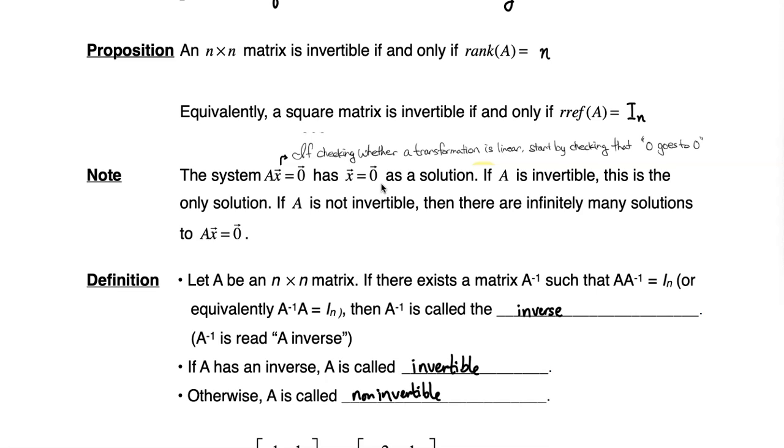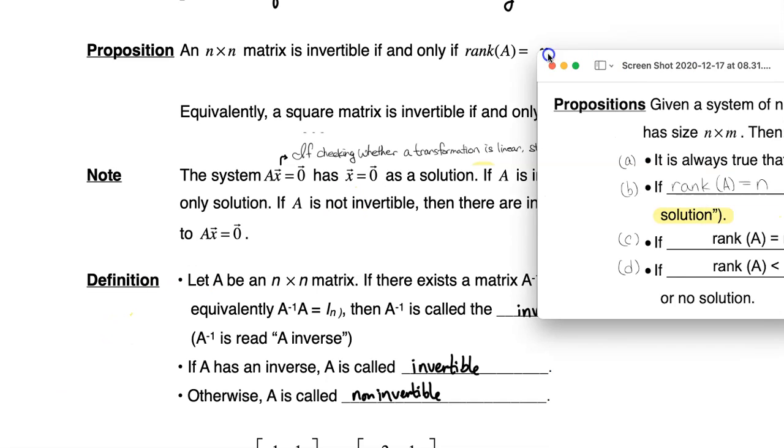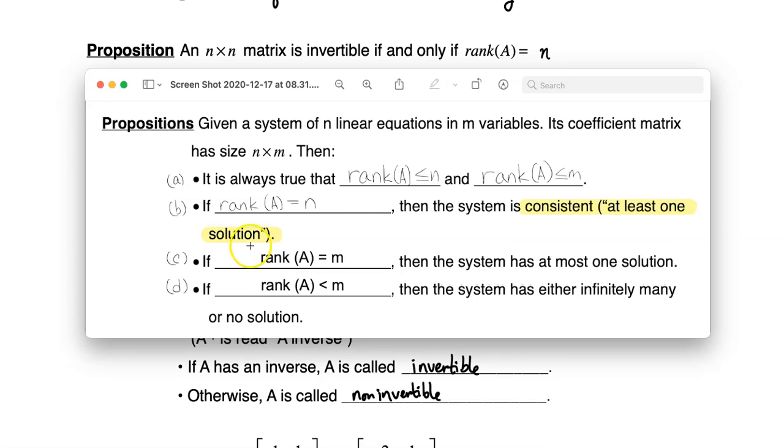If A is not invertible, then there are infinitely many solutions to ax equals 0. Here again, if A is not invertible, it would mean the rank is less than n, and there's either infinitely many or no solution, but we know there's at least one, so that means automatically there are infinitely many solutions.